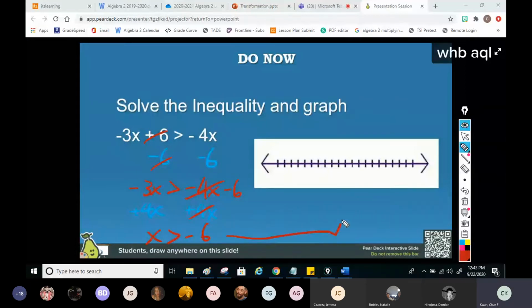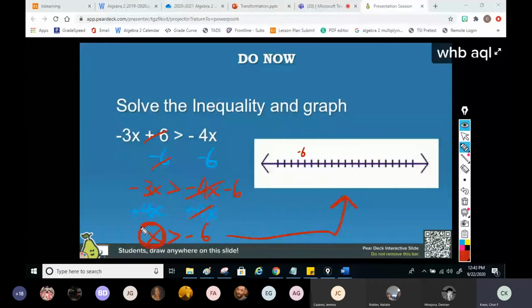All right, so once you get to this, you will graph it. So on the graph, find 0. Usually I put 0 in the middle. And then find -6. 1, 2, 3, 4, 5, 6 right here. And then after that, you may as well erase the 0. The 0 means nothing now. Let's see if I should shade the left or the right.